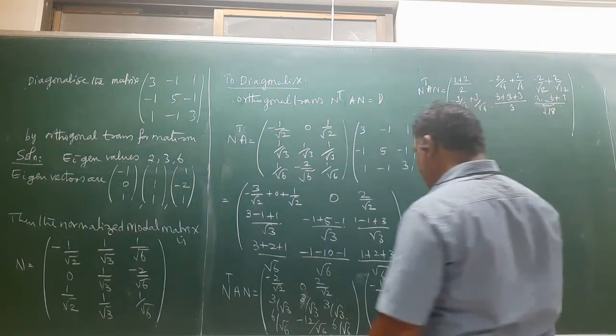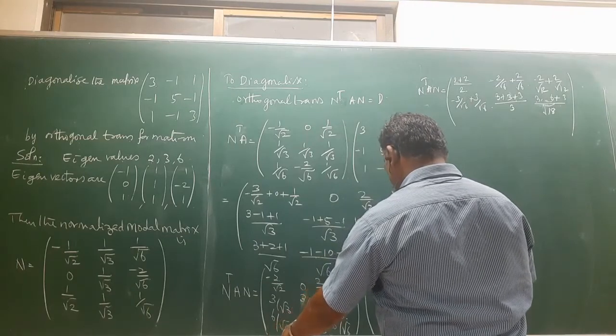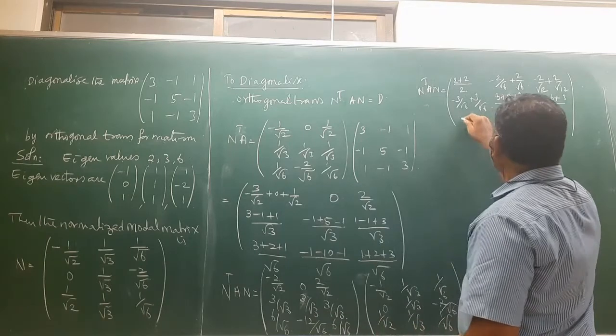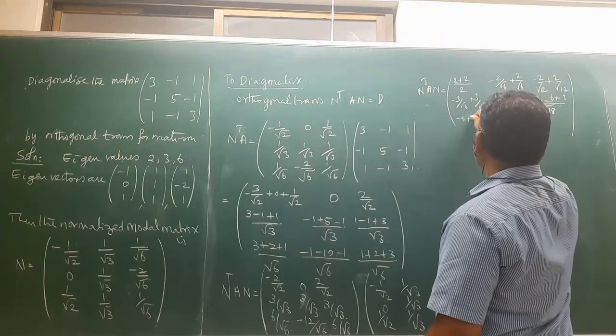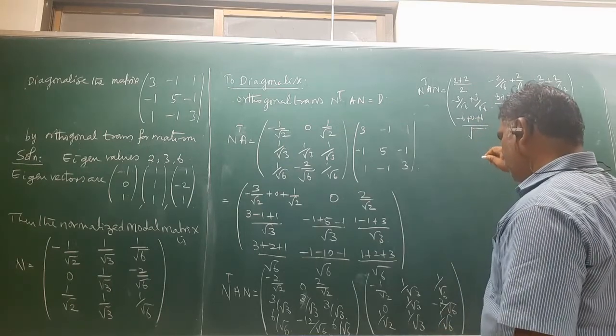Last one, see that: 6 by root 6, minus 6 plus 0 plus 6 by root 12.